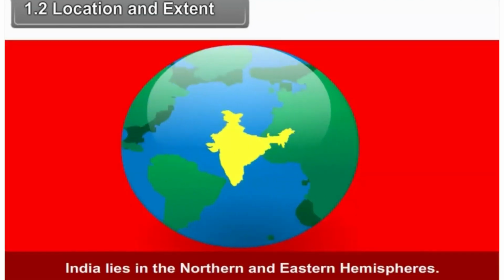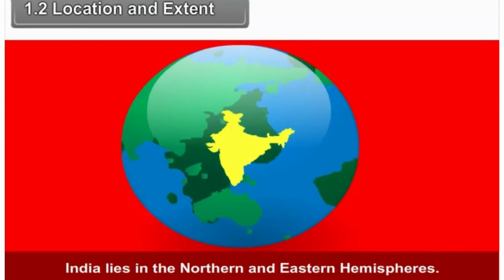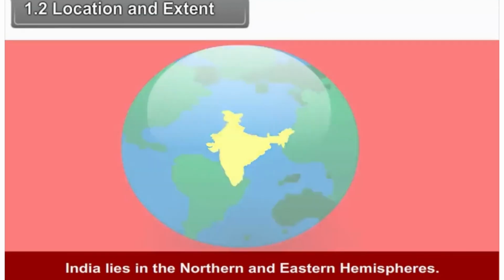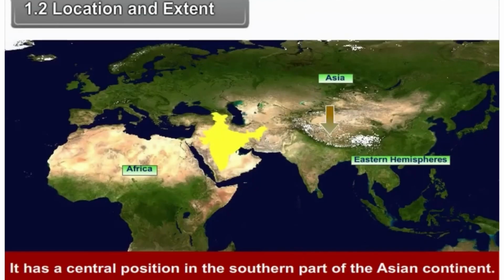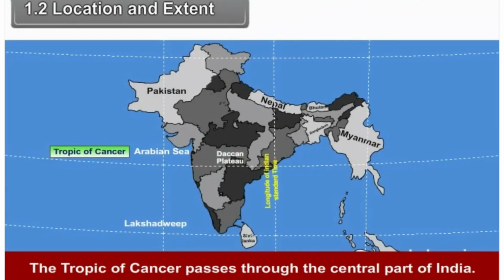Location and Extent. India lies in the northern and eastern hemispheres. It has a central position in the southern part of the ancient continent. The Tropic of Cancer passes through the central part of India.